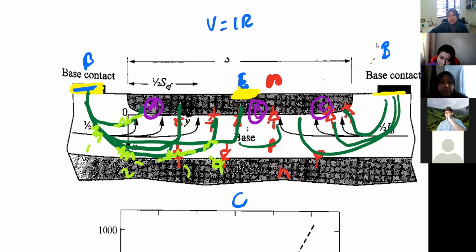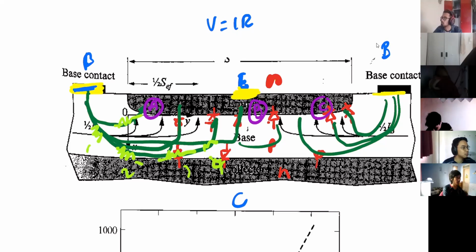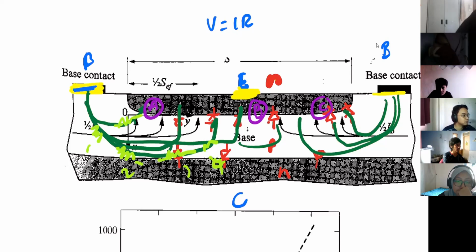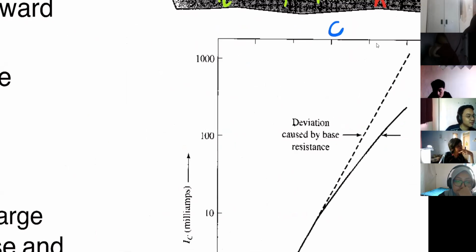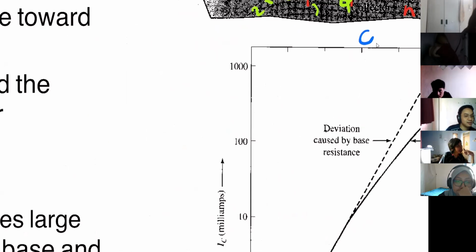What happens when the current density is high? Haris? What do you think? What happens when the current density is high? You're not sure? Okay.